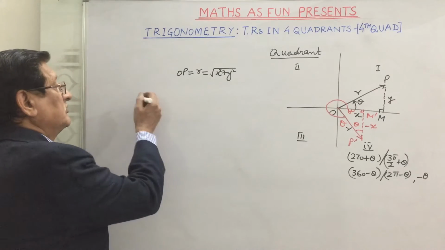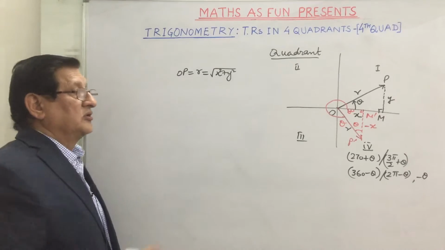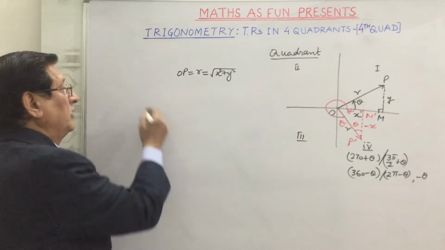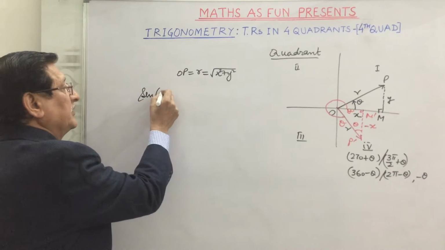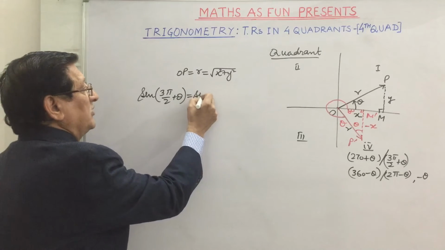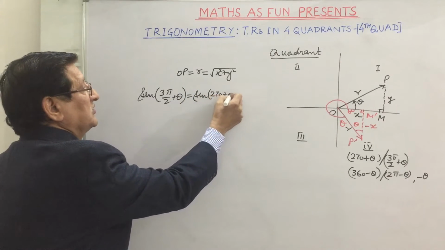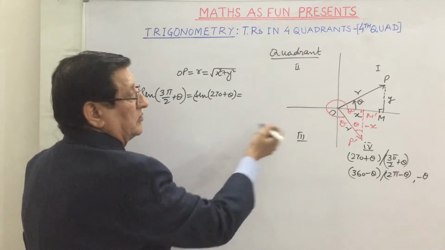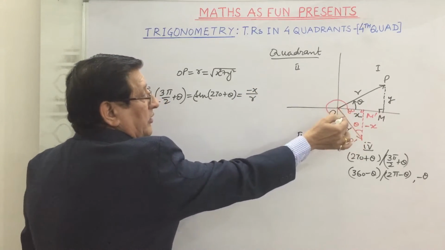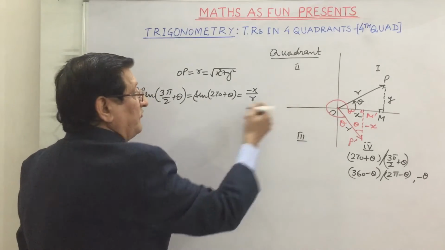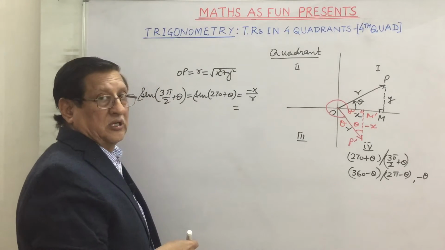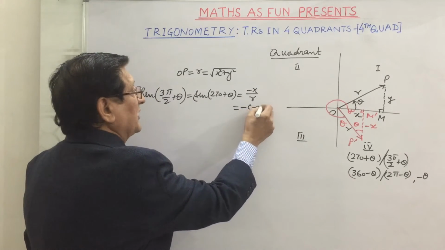We can find by the triangles, or we can also find it directly by the method. Now to find out the trigonometrical ratios for the angles 270 plus theta, we can make use of this triangle. Sine of 3 pi by 2 plus theta, or sine of 270 plus theta, will be equal to minus x upon r, perpendicular upon hypotenuse. But here in this triangle, x upon r is cos theta, so this becomes minus cos theta.